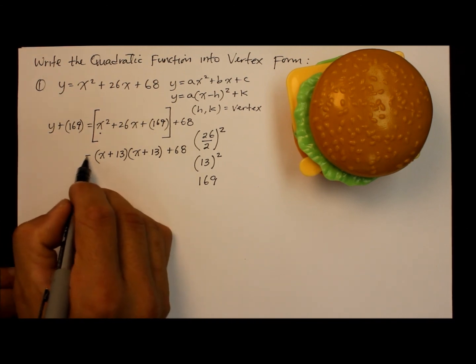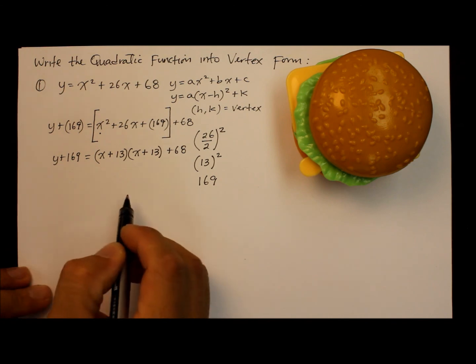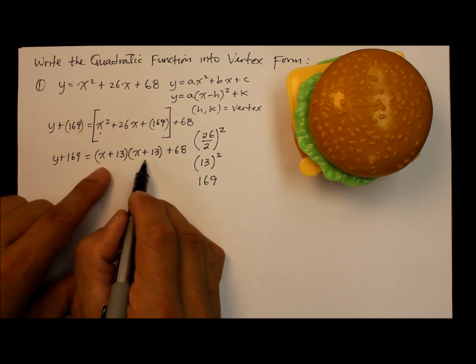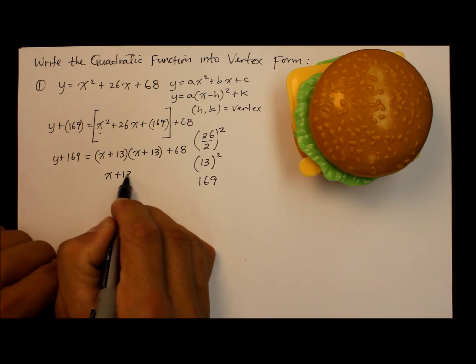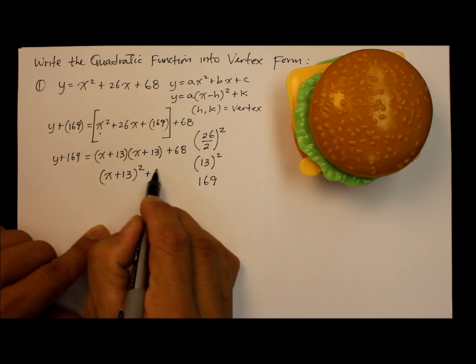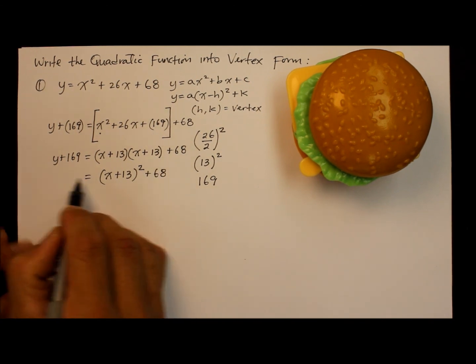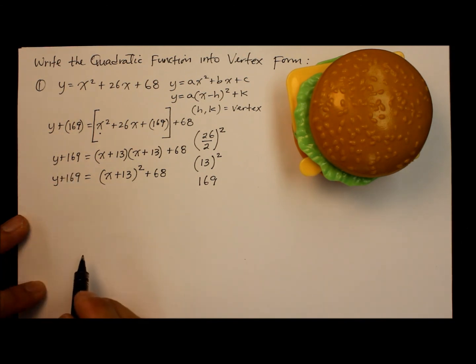And on the left side, we haven't done anything, so it's y plus 169. Now, since they're identical binomials, we can simplify into a single term, the quantity x plus 13 squared plus the 68. And that equals what's on the left side, y plus 169.